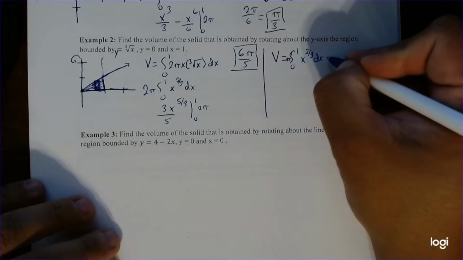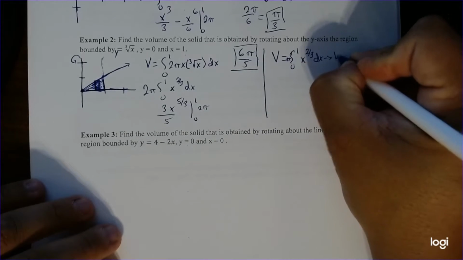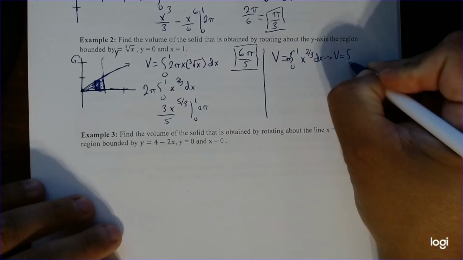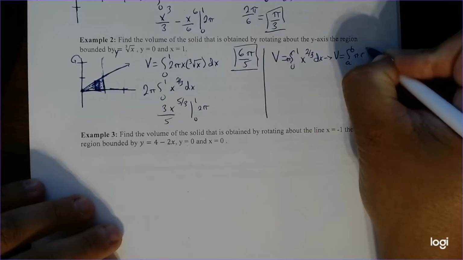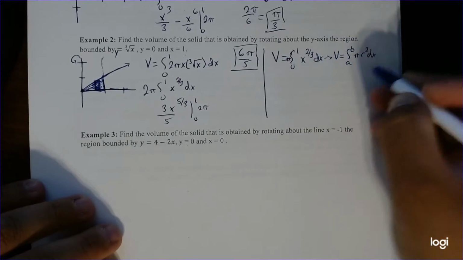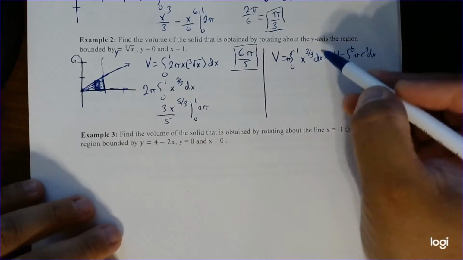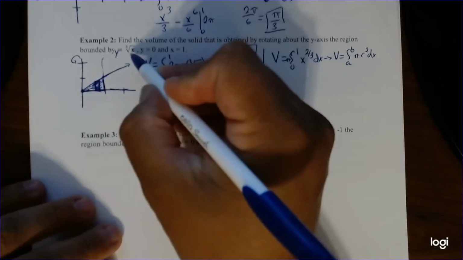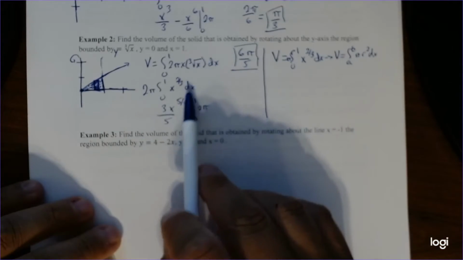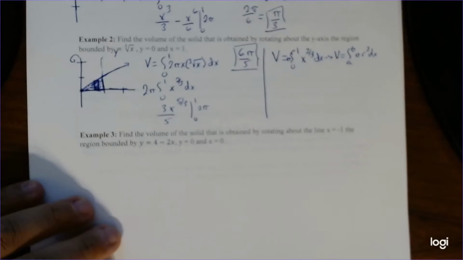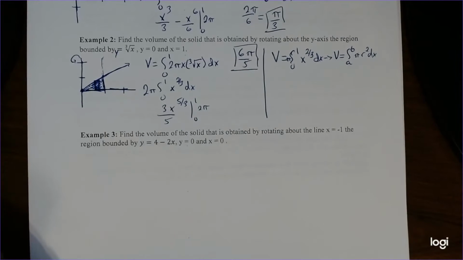Just in case you guys forgot, this is equal to the integral from a to b of pi r squared dx. And our radius, in this case, is exactly the third root of x. Well, squaring it gives you exactly what we integrated. So fun little fact there.